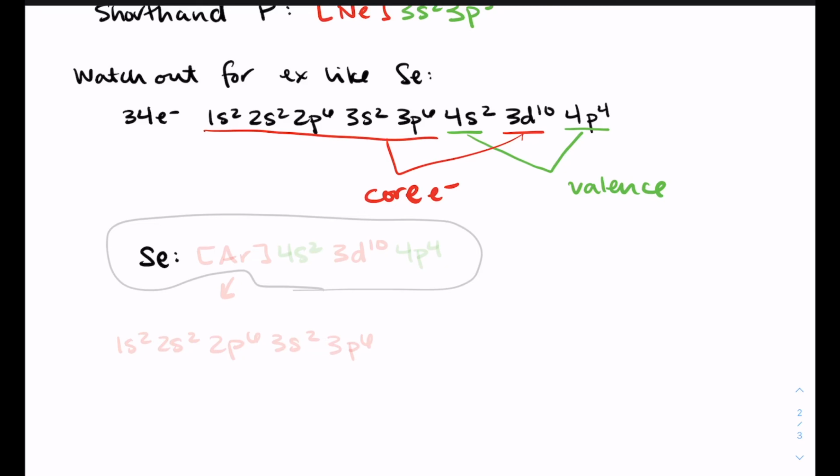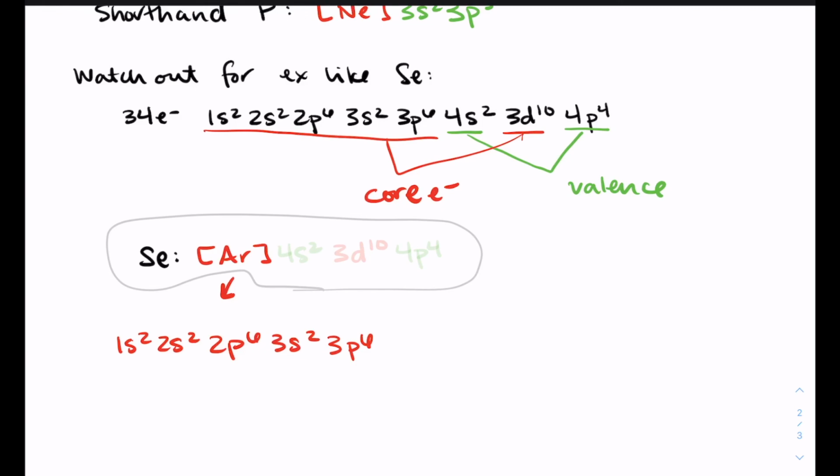But the noble gas that occurs right before selenium, so the end of the previous row, is argon. The electron configuration for argon is 1s2, 2s2, 2p6, 3s2, 3p6. So my argon in brackets only takes the place of that part of the electron configuration.